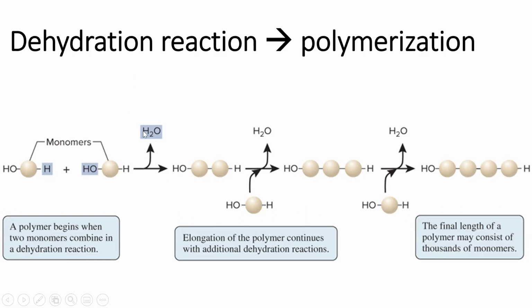It is usually the hydrogen of one monomer and the hydroxyl group of another monomer that will result in the formation and eventual loss of the water molecule.